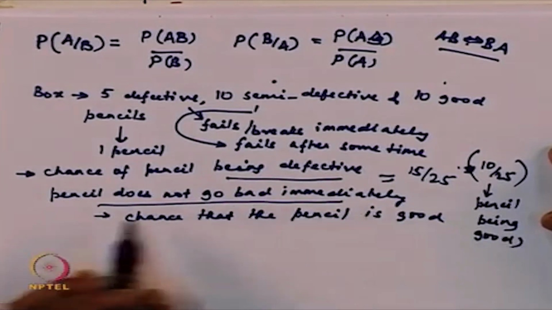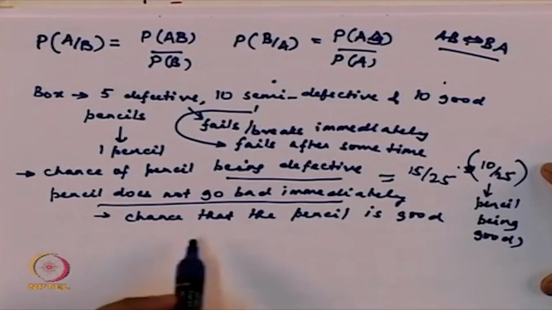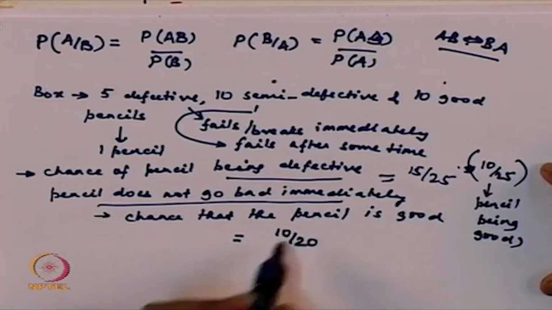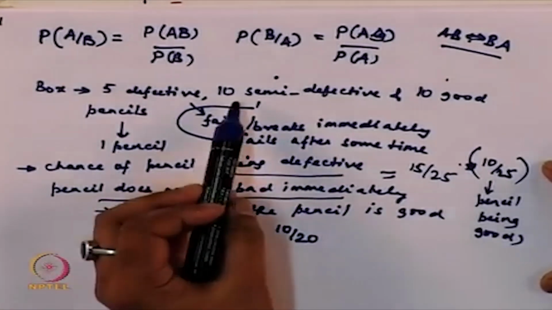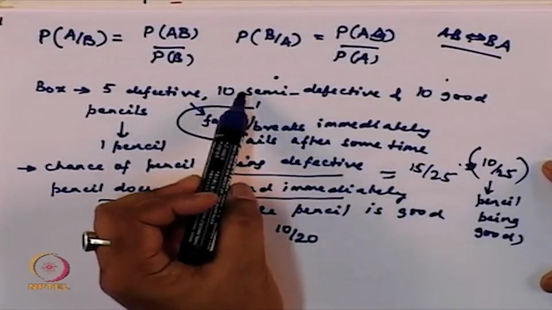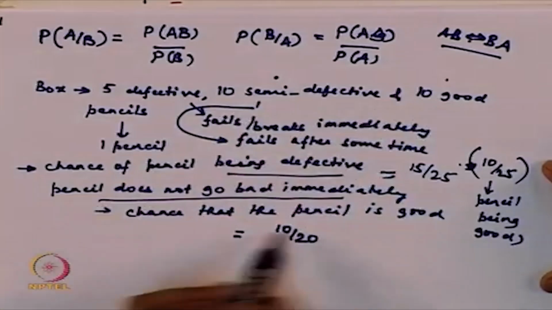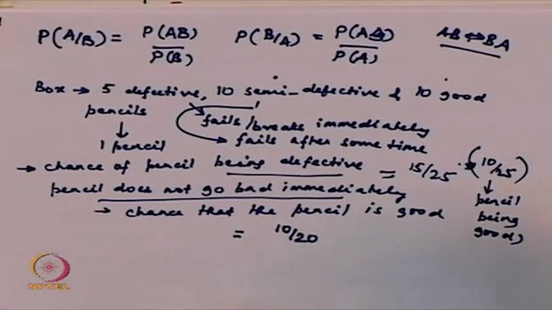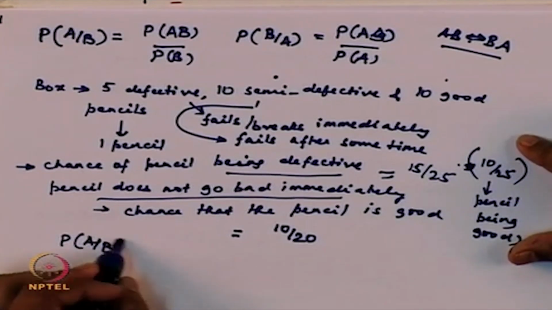But if I know that the pencil is not going bad immediately, the chance that the pencil is good is nothing but 10 by 20. Why? Because if it is not immediately going bad, I know that I might have chosen one of these or one of these pieces, and I have a total of 20 pieces. So, my chance that the pencil is good is actually 10 by 20. This is an example of conditional probability.